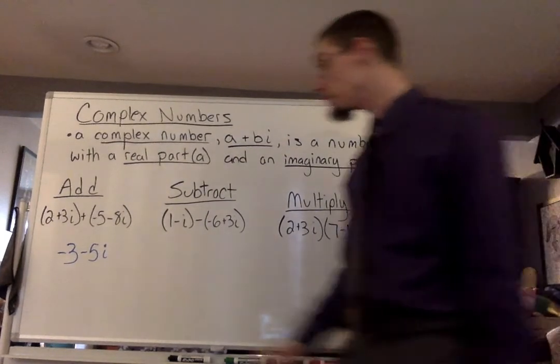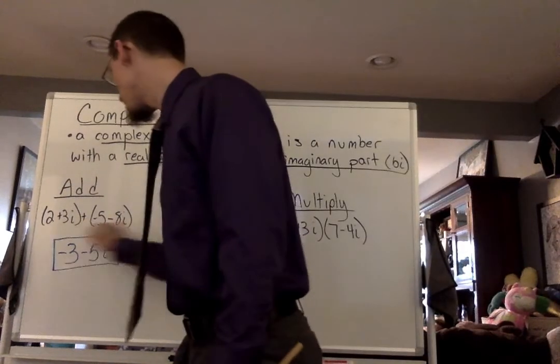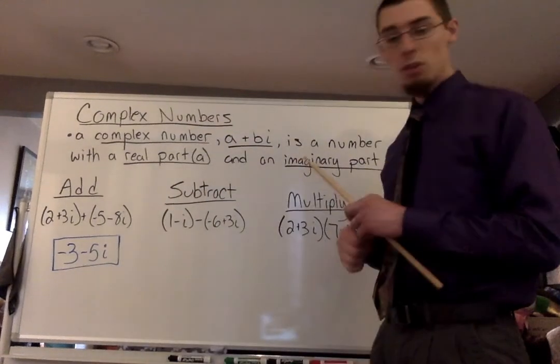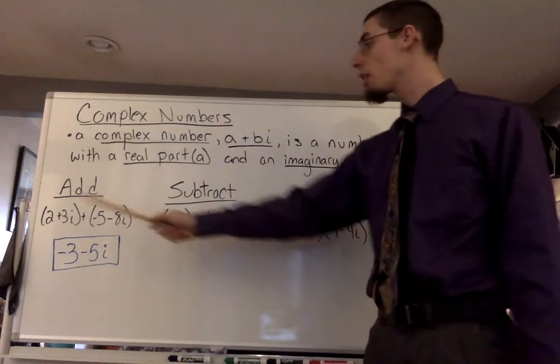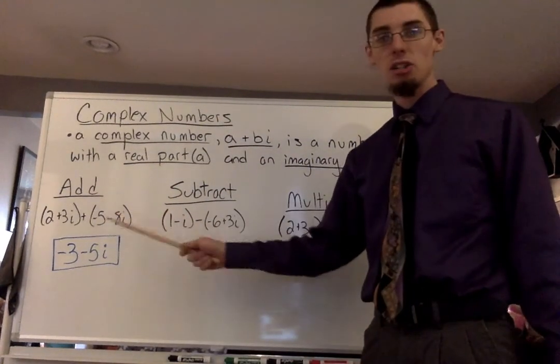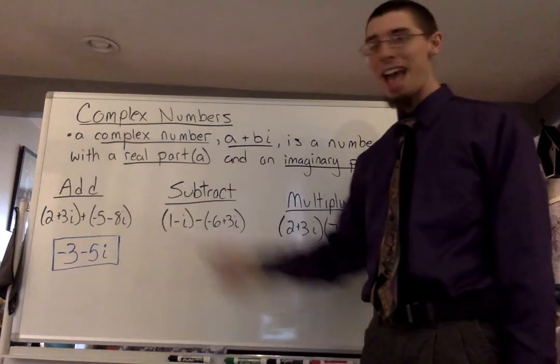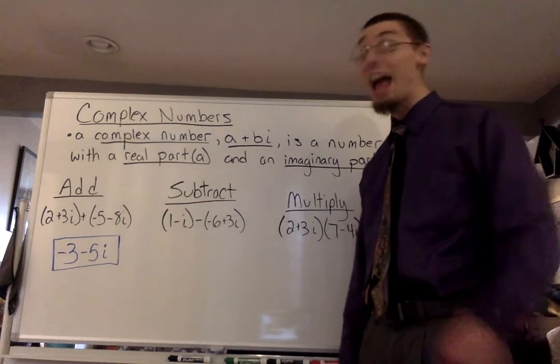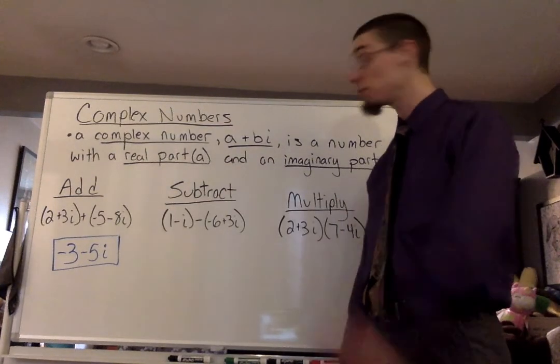And that's it. That's the answer for the first one. You're literally just combining like terms when you add imaginary numbers or add complex numbers.